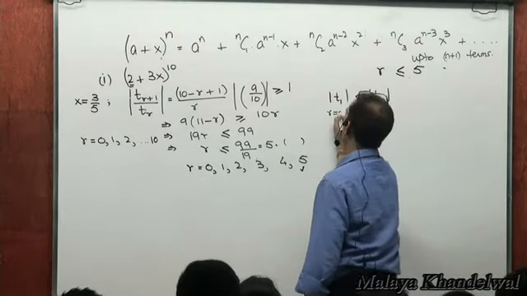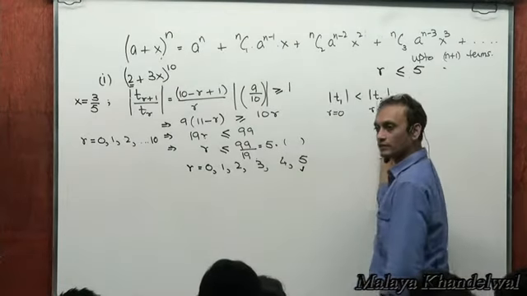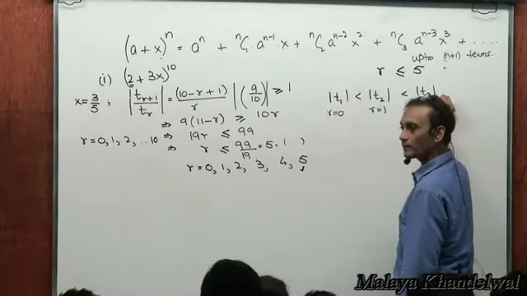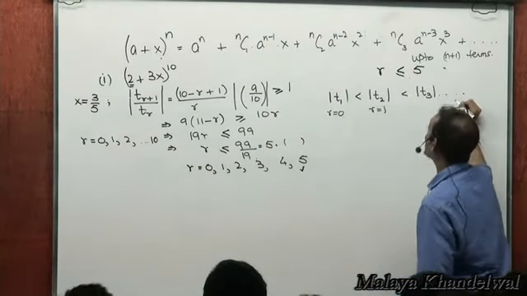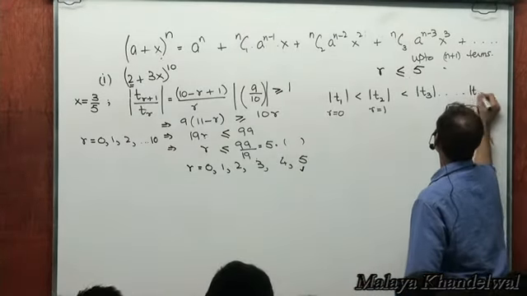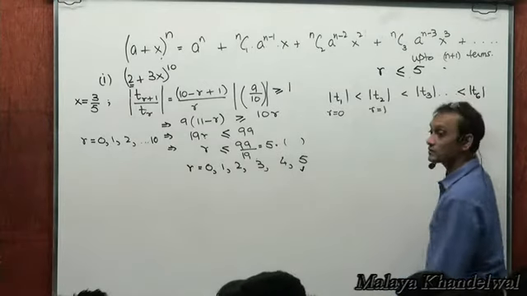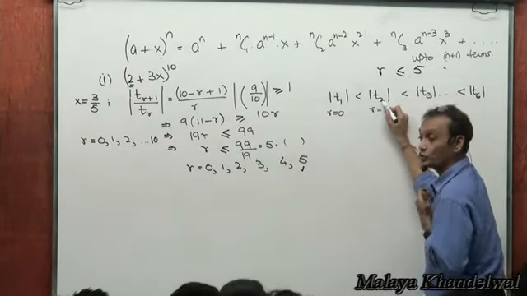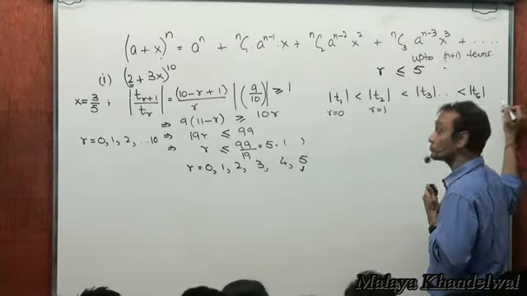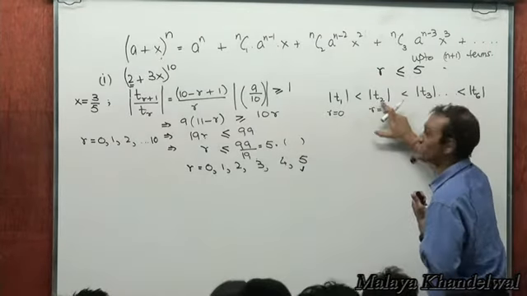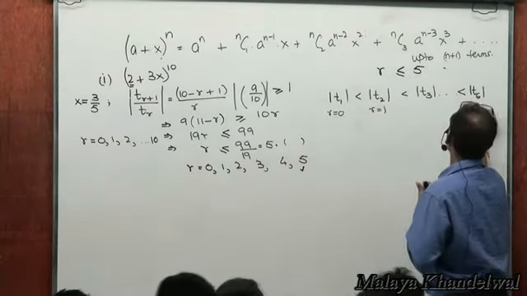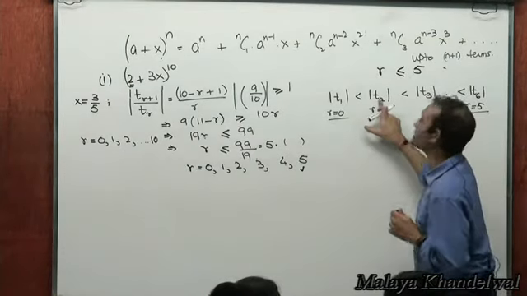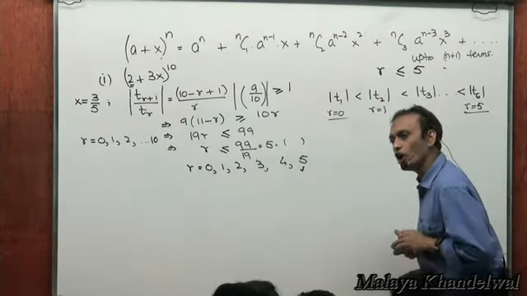This is r equal to 0, this is r equal to 1, then t3. For r equal to 5, you have t6. So the previous term will be smaller than the next term, for r equal to 0 all the way to 5. Yes or no?